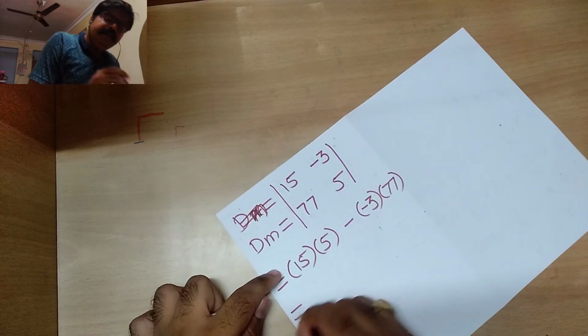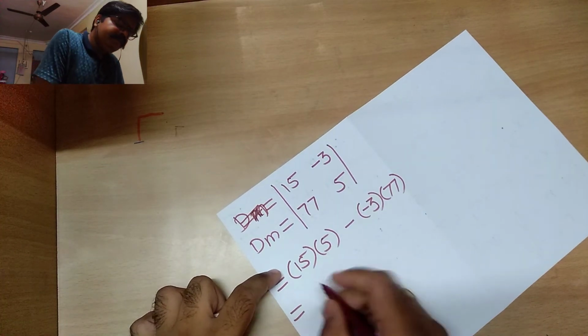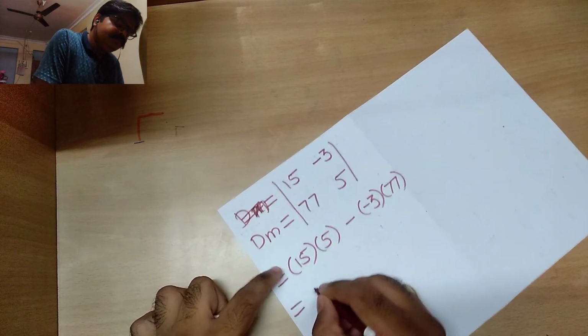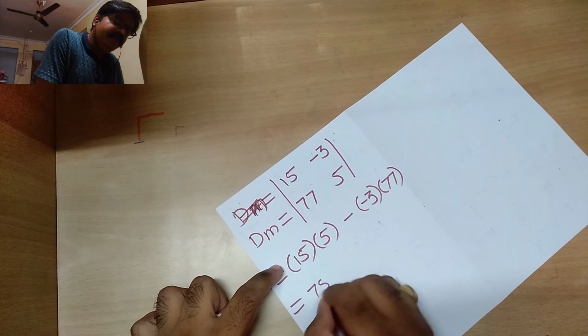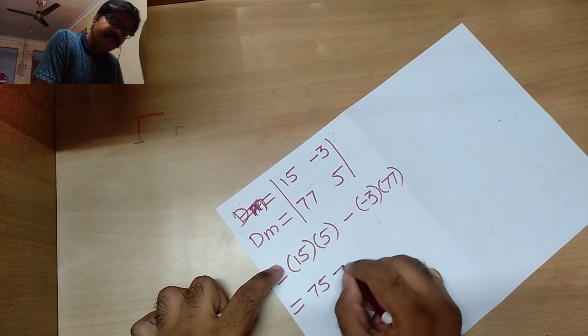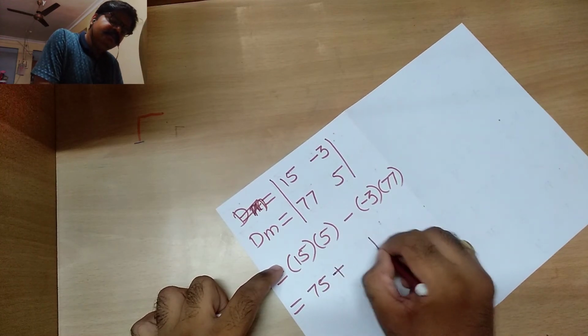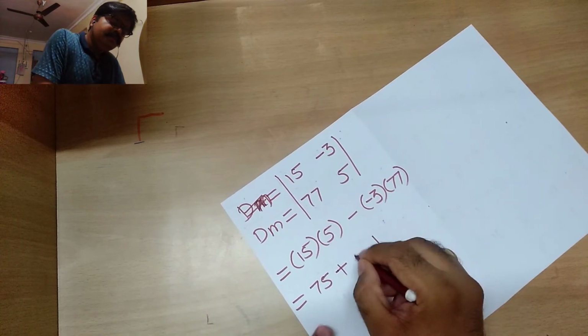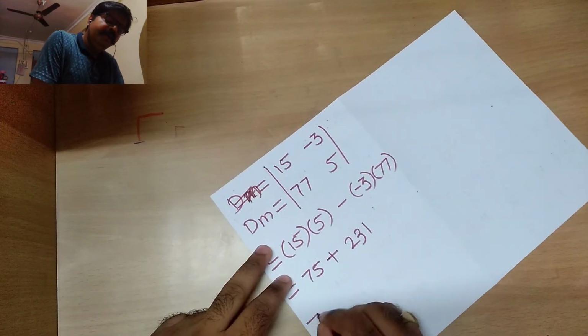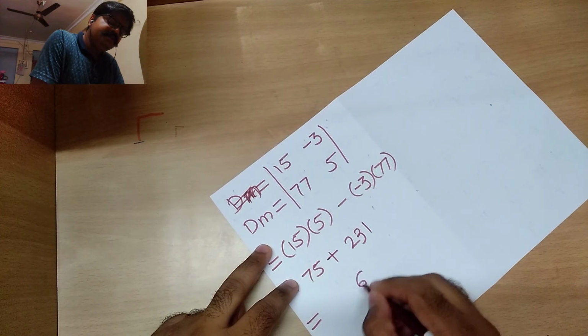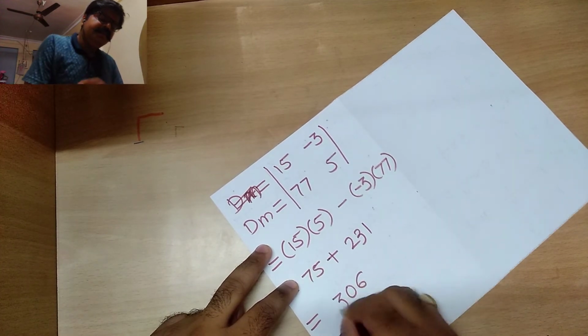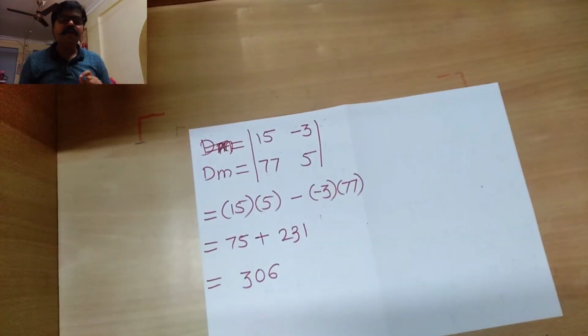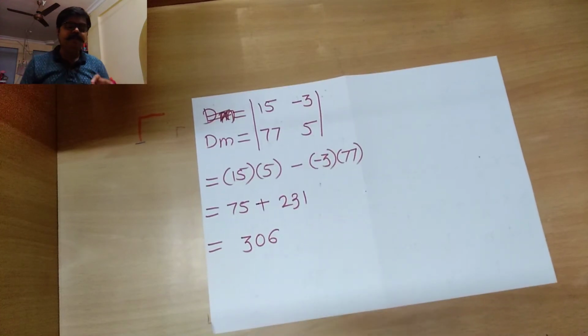These multiplications we are going to perform now. 75 plus 3. After addition we are going to have 306. We have got dm's value over here.